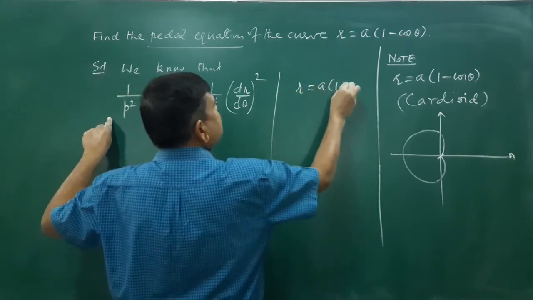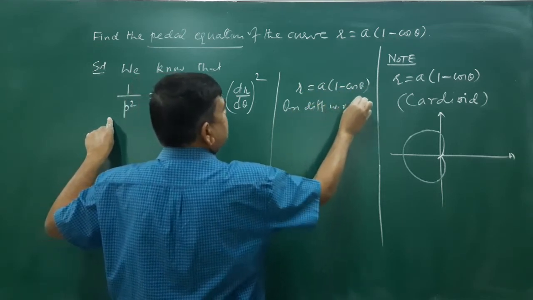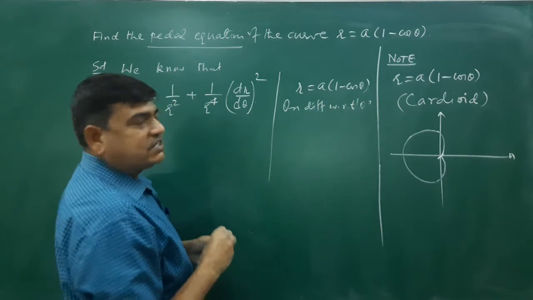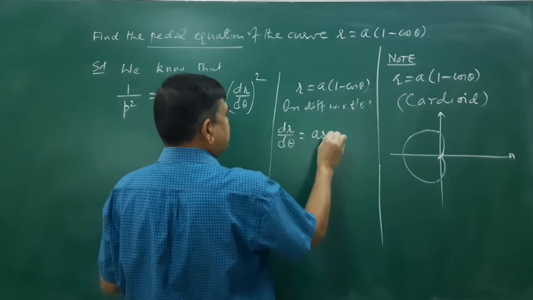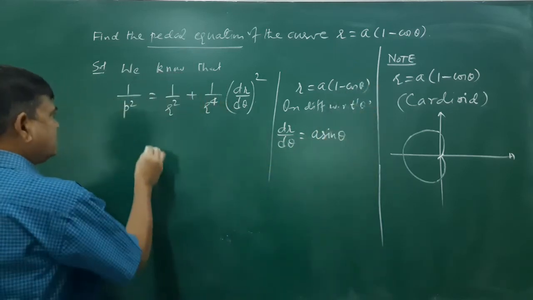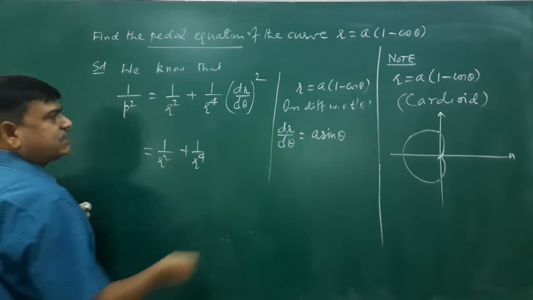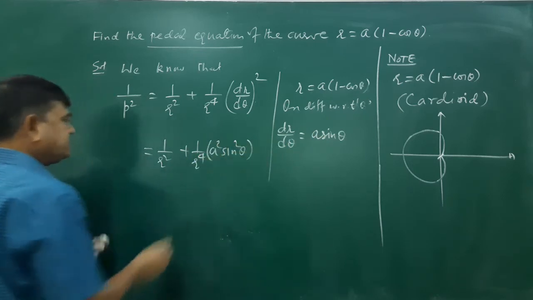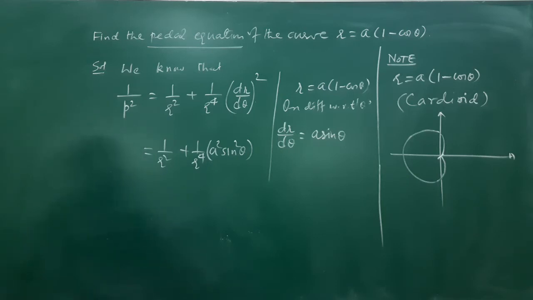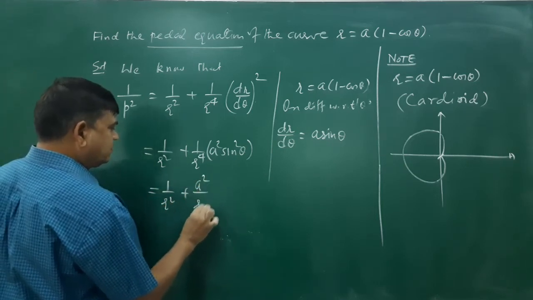r equals a times 1 minus cos theta. On differentiating with respect to theta, dr by d theta equals a sin theta. So here I substitute the values: 1 upon p square equals 1 upon r square plus 1 upon r to the power 4 times a square sin square theta, so 1 upon r square plus a square sin square theta upon r to the power 4.